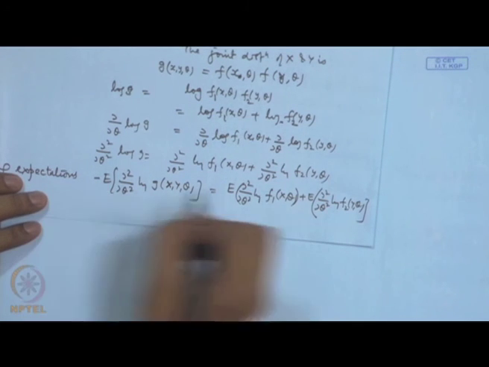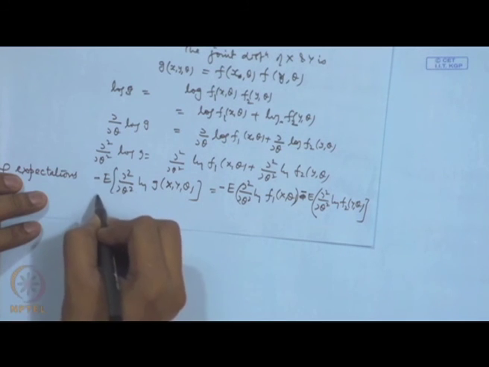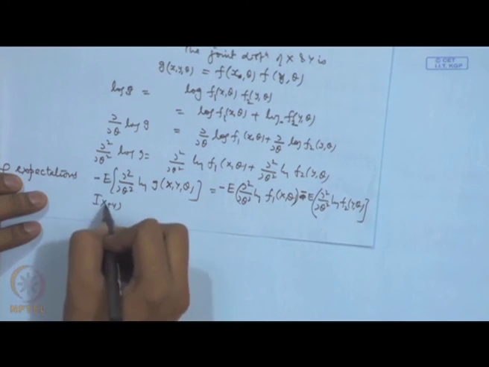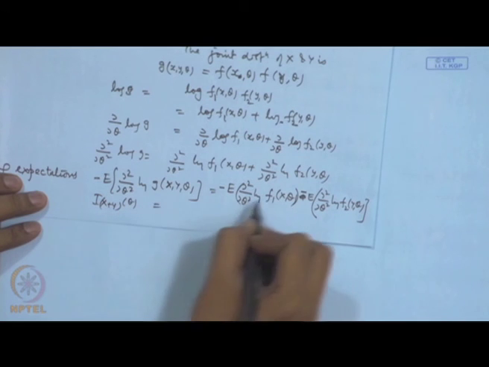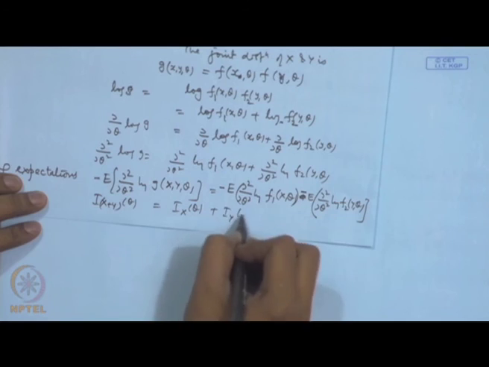If I put a minus sign on both sides, then this becomes information in X plus Y, and this is information in X, and this is information in Y.